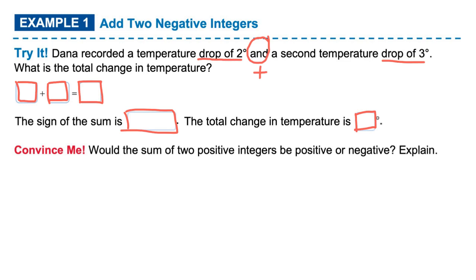All right, if we have a temperature drop of 2, that's a -2, and a drop of 3 is a -3. I can think of it as a couple of different things. Here's my number line. I know they're both negative, so I'm going to put my 0 over here.